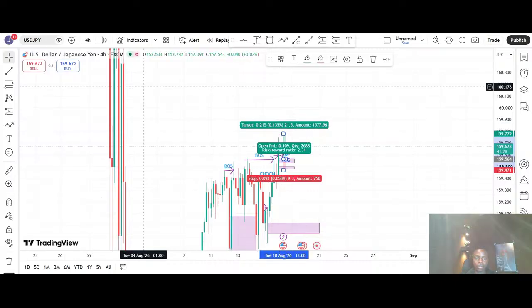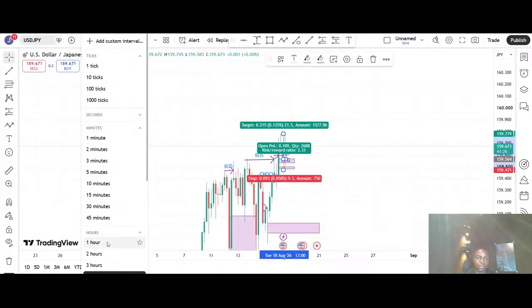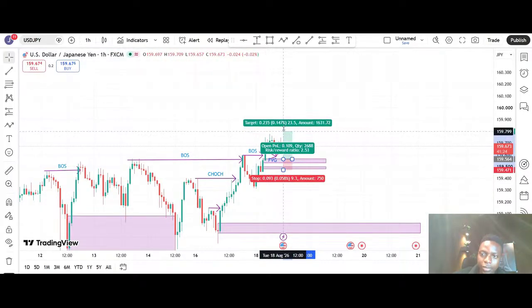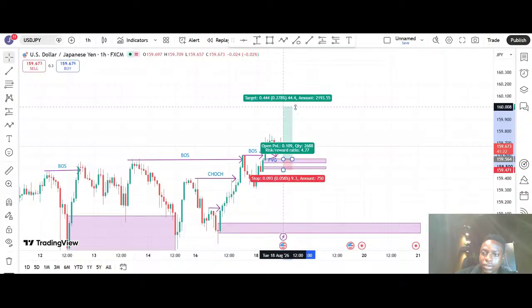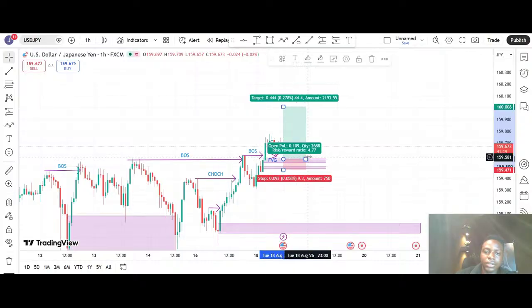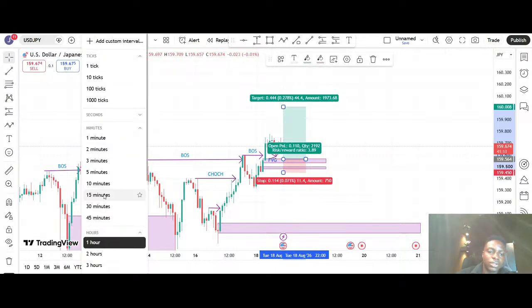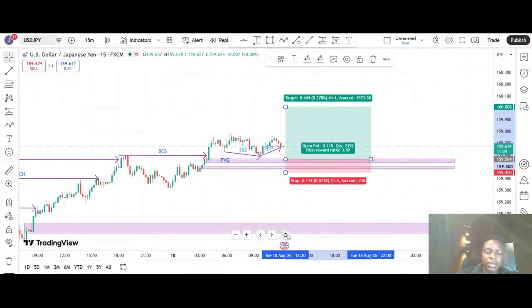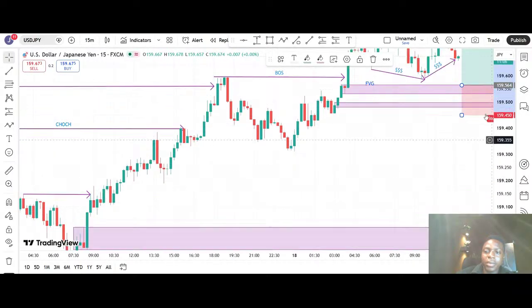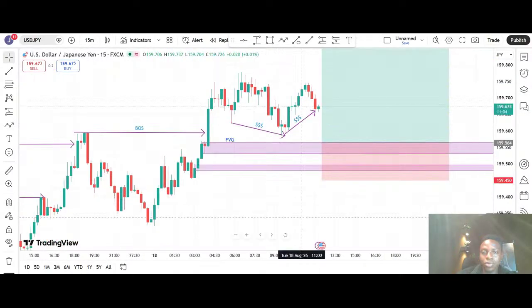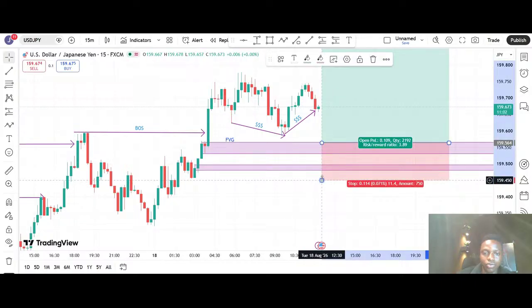On my 4 hour, I should be looking to put my take profit maybe around this. And then I can decide to put my stop loss below this. But everything should be done on the lower time frame. So it depends on my confirmation.